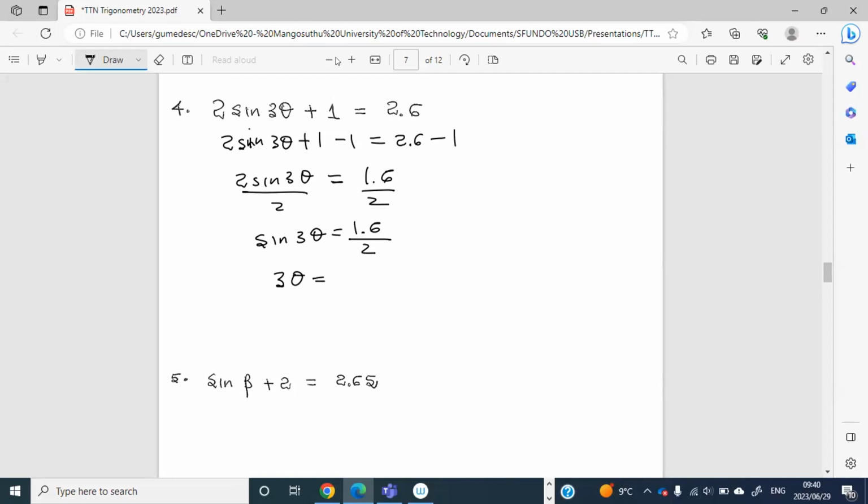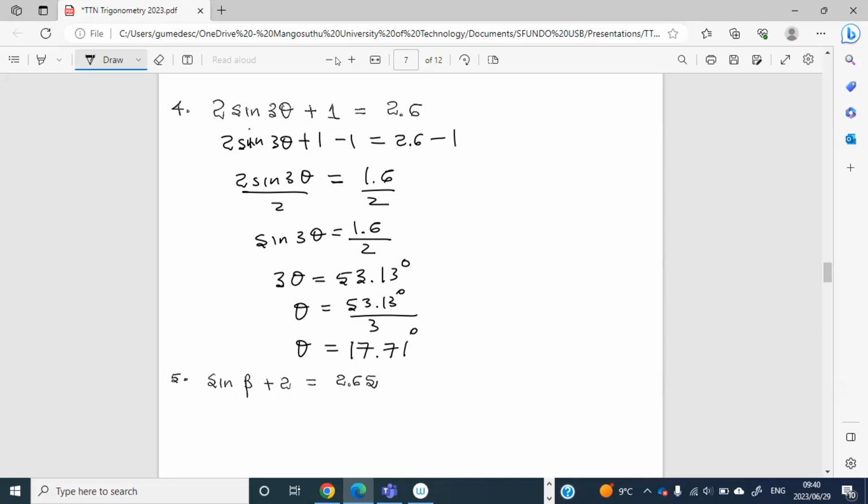It is equal to 53.13 degrees. It's your 3 theta, not theta. So it means theta is equal to 53.13 degrees over 3. So theta is equal to, then you find out what is that using your calculator. 53.13 over 3. I'm getting 17.71.